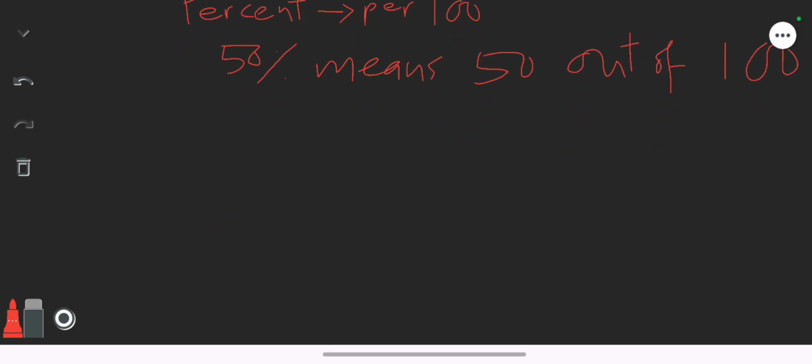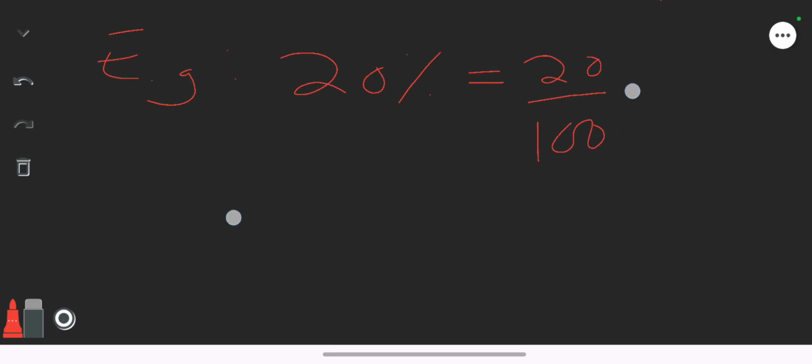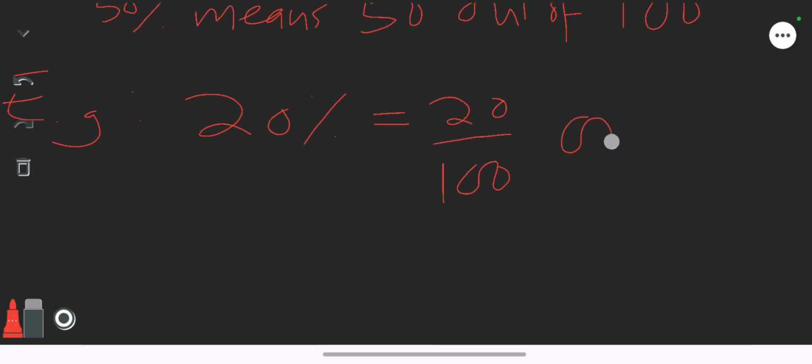So if we have 20%, it means 20 over 100, or we can say 0.2.